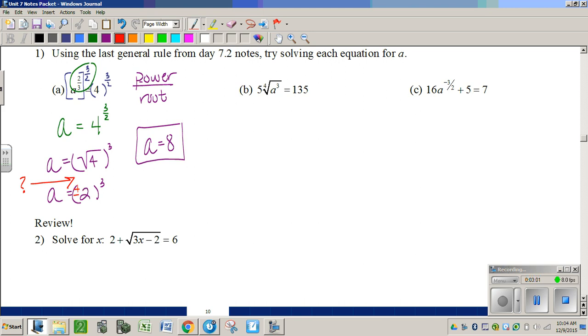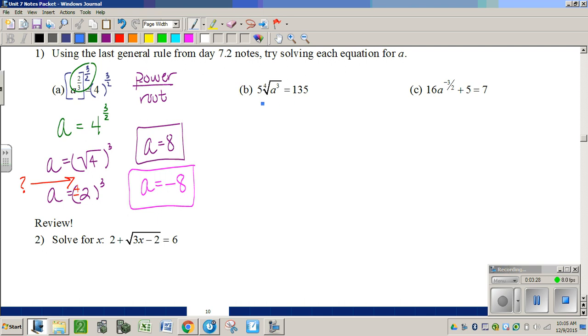So really, my answer is not just positive 8, it is also negative 8. When we talked last unit, whenever we solve and we take the square root of a number, and it's actually going to turn out anytime we take an even root, but we'll get to that in a minute, you want to make sure that your answers are positive and negative. So don't forget that. You guys did really well on that on your last test, remembering the plus and minus. So let's continue to remember that.